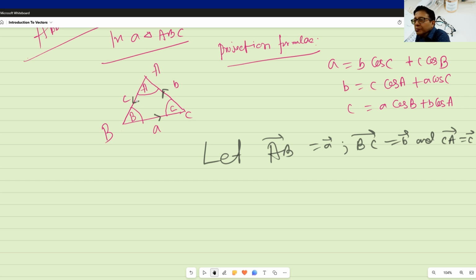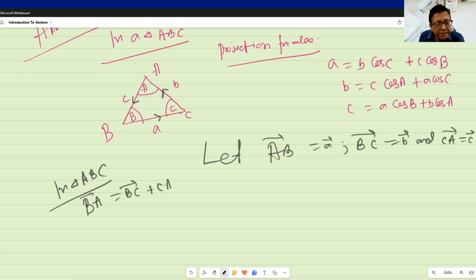But if we assume this manner, then what's the sum of these three vectors? That is going to be 0. This is a very important observation. Why? Because in triangle ABC, BA vector equals BC plus CA. This is true by triangle law.